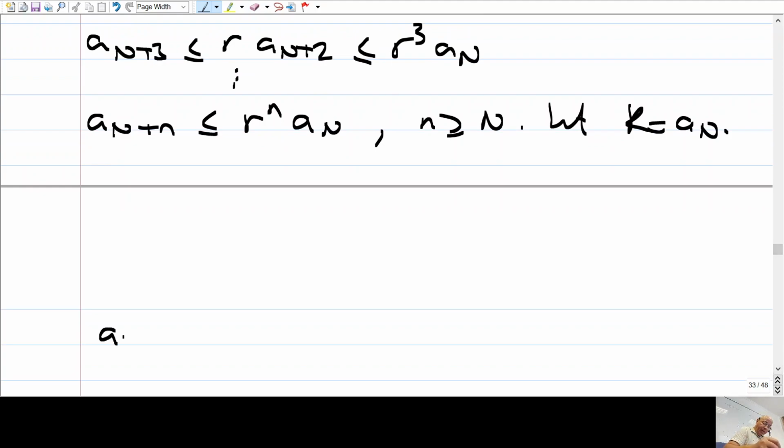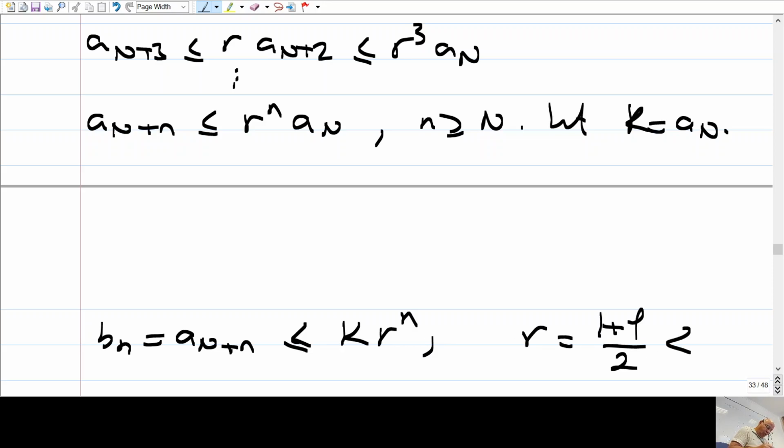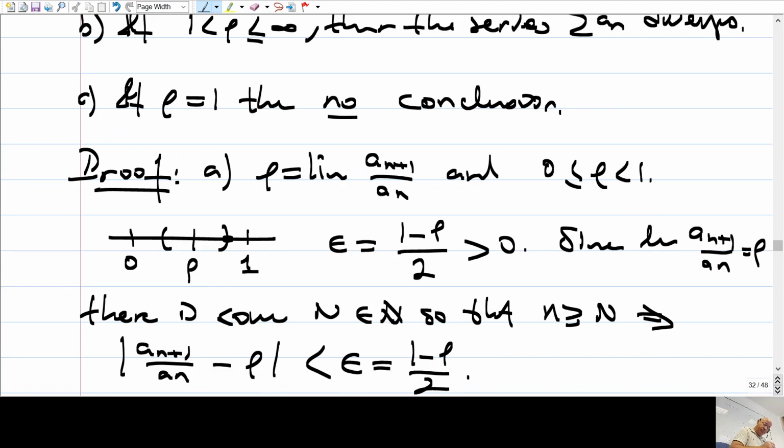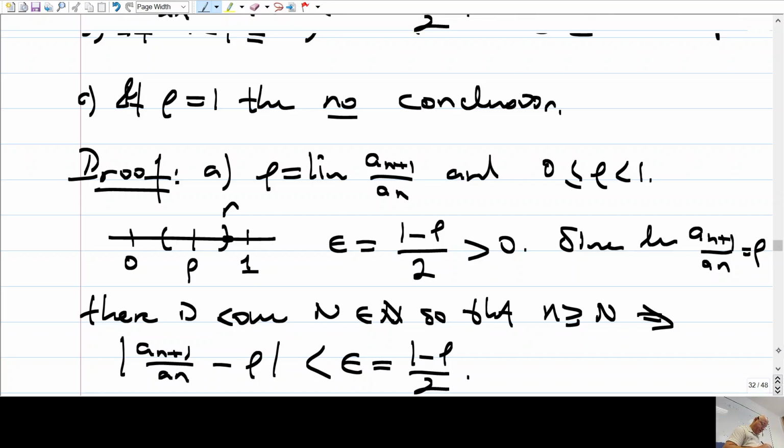So a_{N+n}, and call this number, let's say b_n, okay, b_n. So this is less than k times r to the power n, and r is (1 plus rho) over 2, which is less than 1 because rho is less than 1, right? r is this number, the number between 1 and rho.